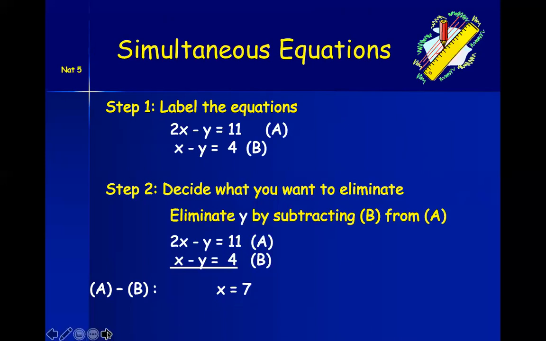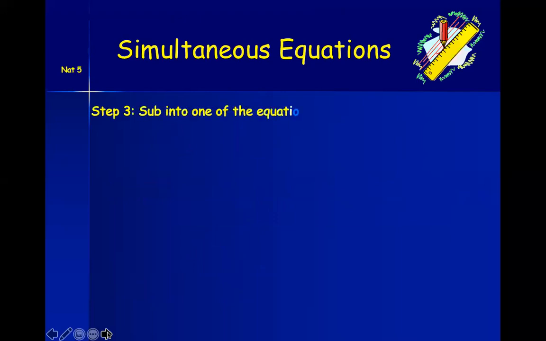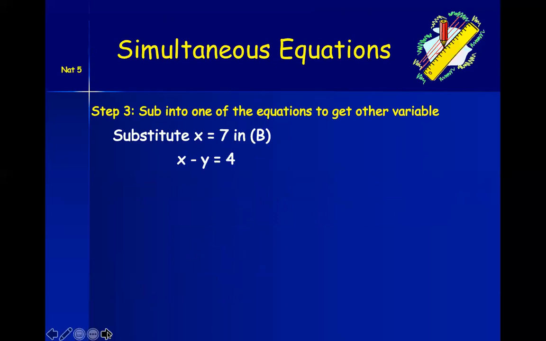And then the next stage, we said sub into one of the equations. So we're going to substitute x equals 7 into B, because B was x minus y equal 4. So 7 minus y equal 4. So what do I need to take away from 7 to get 4? y equals 7 minus 4, which is 3.